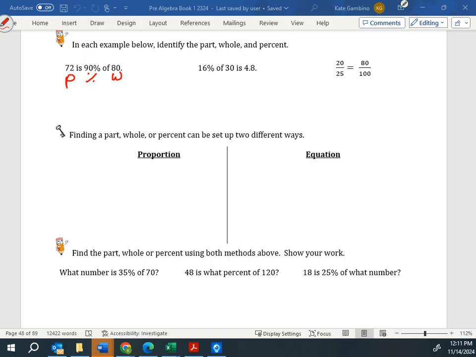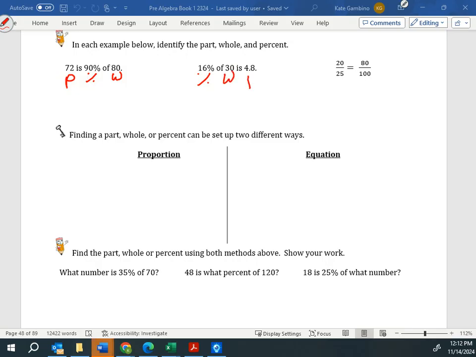So if we look at our next one, 16% of 30 is 4.8. What's the easiest one to label, Natalie? 16%. 16% is our percent. So 16% of 30 is 4.8. Which one is our whole? Hadley? 30.